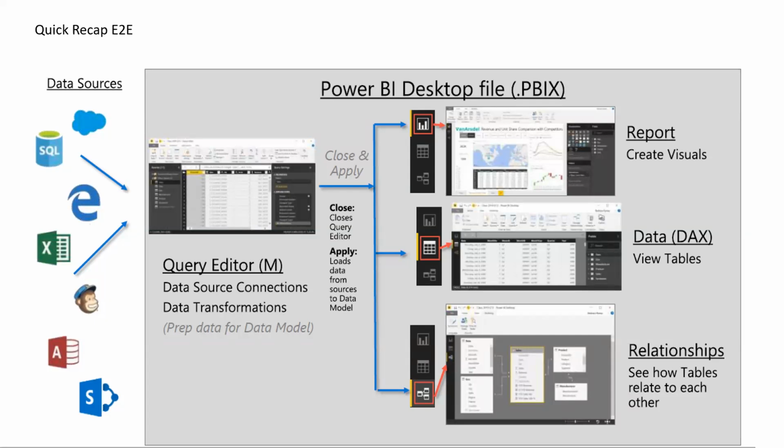Once you close and apply, from the Power BI Desktop level you can see three different tabs on the top left-hand side. The default tab is the report tab, where we can create the visualizations. In the data view tab we can see the tables, the connected or imported, cleaned up tables.